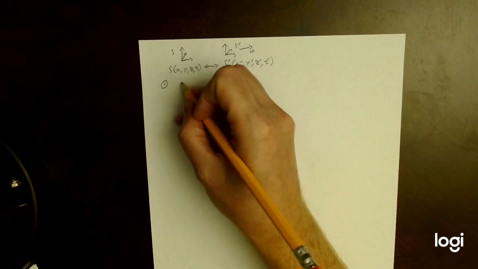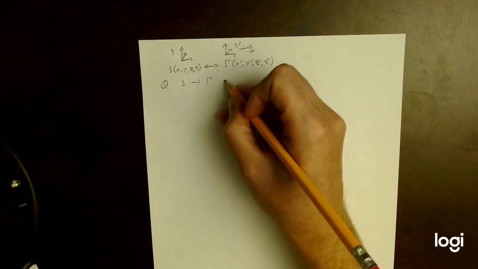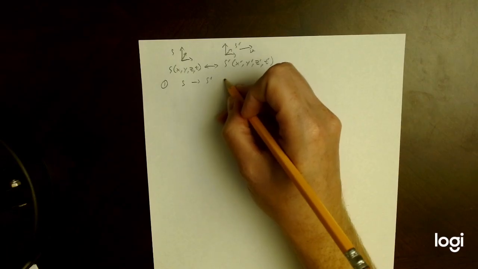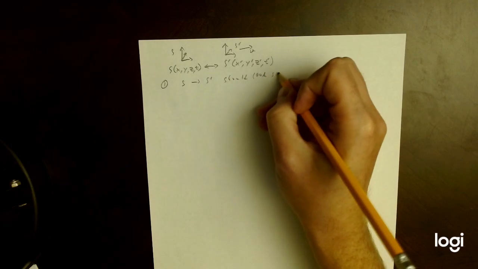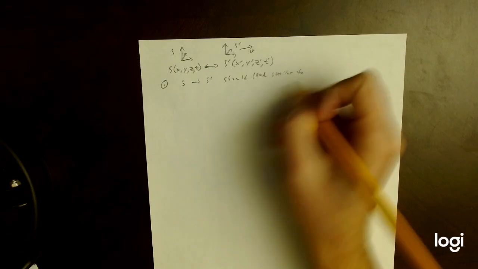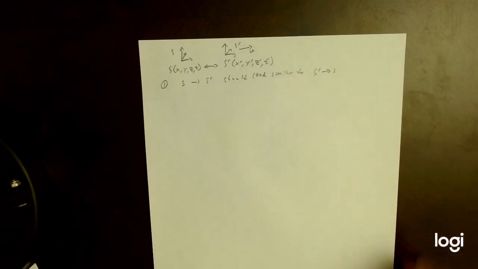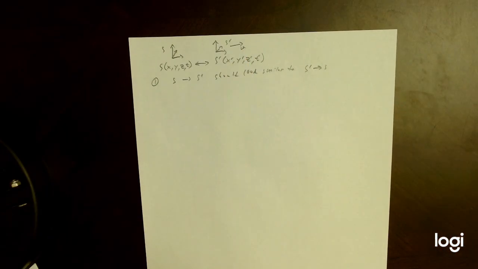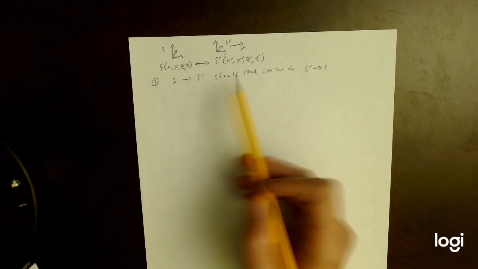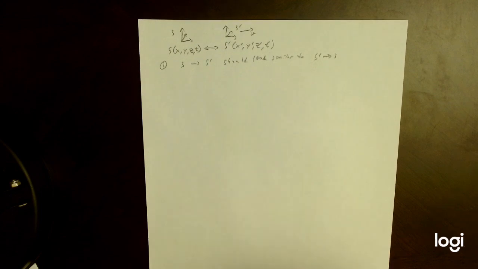So any transformation from S to S prime should look very similar to a transformation from S prime to S. The only thing that should really change would be maybe the sign of this velocity term in those equations and just exchanging the primes and the unprimed coordinates. Everything else should look the same.